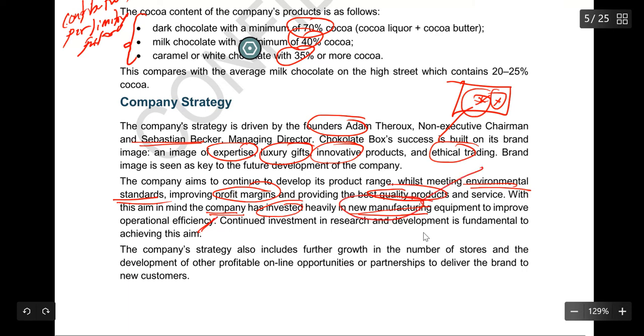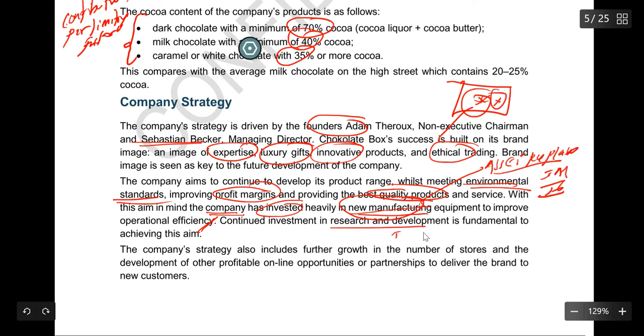So students, I can just mention here asset replacement cycle. There can be chances of asset replacement cycle also being tested, so that you will be able to understand. And also IAS 16 can come here, revenue expenses, capital expenditure, continued investment in research and development.